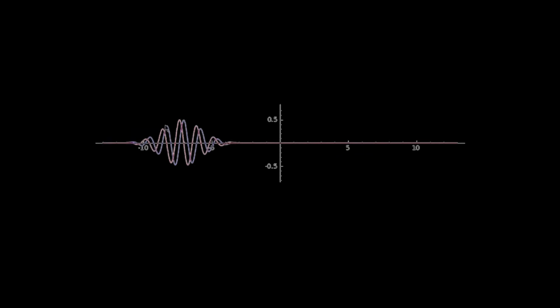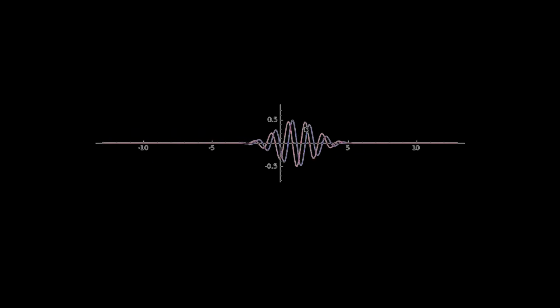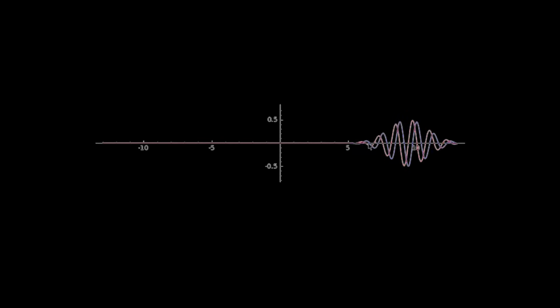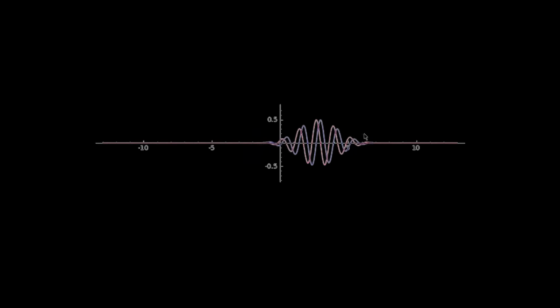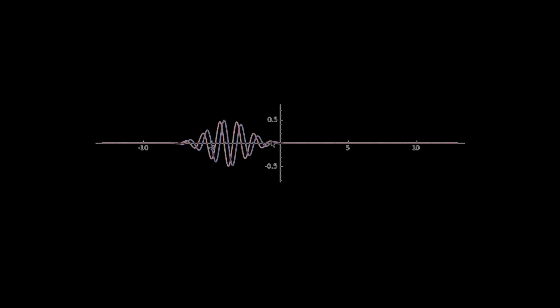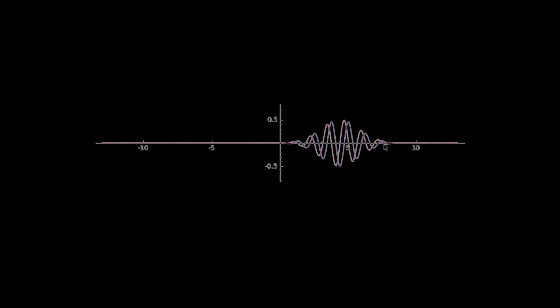If I track a particular pulse, say this one, I'm moving my hand to the right as I do so. But I'm not moving my hand to the right nearly as fast as the overall wave packet is propagating. So the overall wave packet is propagating at effectively twice the speed of the individual features on the wave.